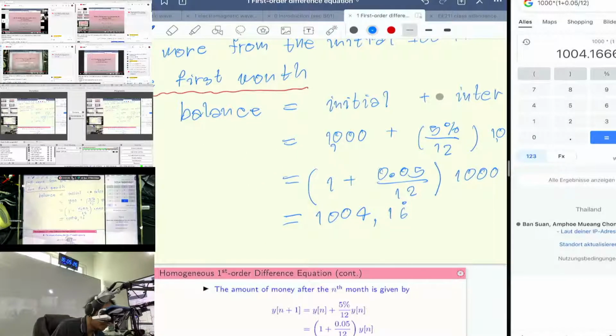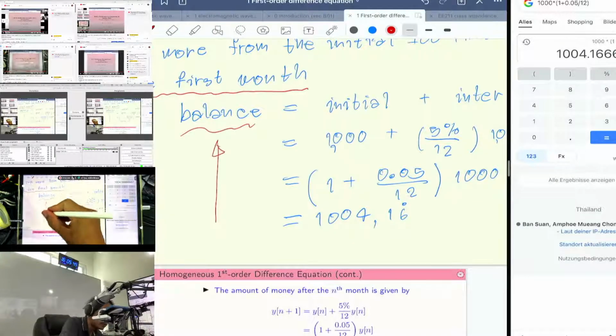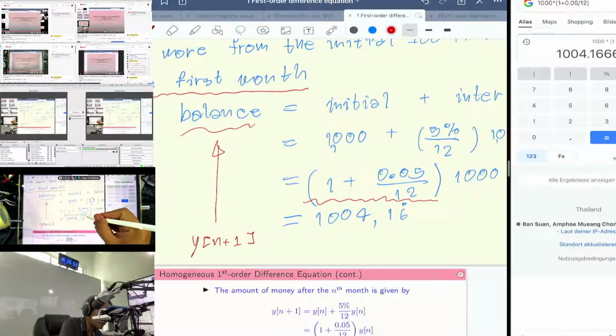But if you want to express this relation in terms of first order differential equation, as the title said here, homogeneous first order differential equation. So this one is yn plus 1.